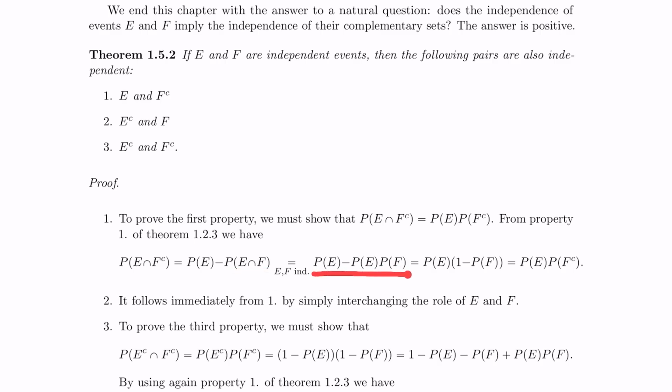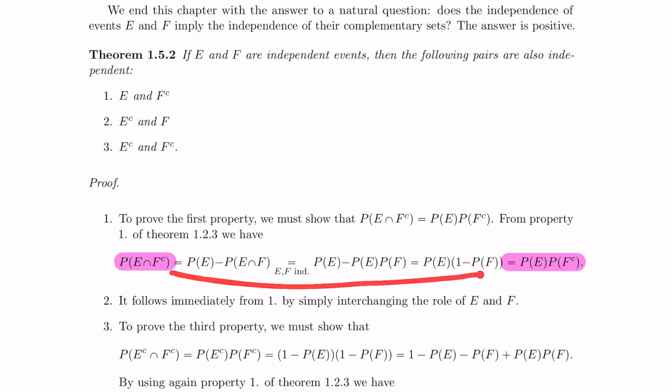Then, as you can see, we can factor out the probability of E times 1 minus the probability of F. But 1 minus the probability of F is precisely the probability of the complementary of F. Finally, what we obtain is exactly the formula that we need to prove in order to show the statistical independence of E and the complementary of F. If we interchange the role of E and F, property 1 implies immediately property 2.